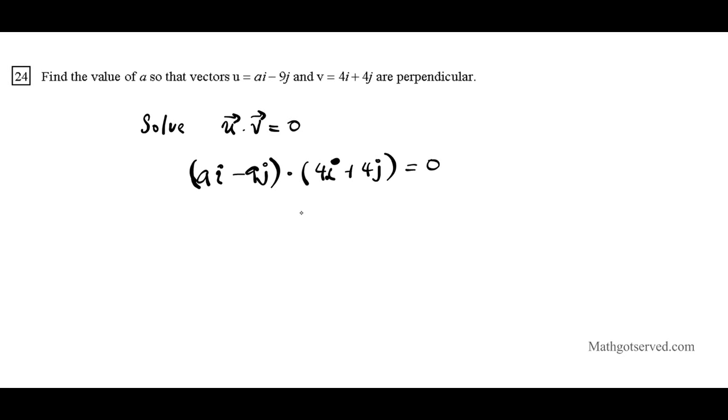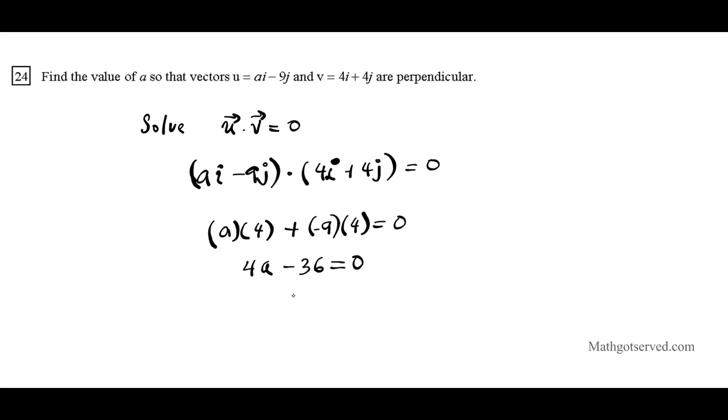Okay, so to find the dot product in this ij form, you just multiply the i's and the j's and find the sum of the products. So it's going to be a times 4, that's the i's, and then the j's, plus negative 9 times 4 equals 0. All right, so you have 4a minus 36 equals 0. To get a by itself, you add 36 and divide by 4.